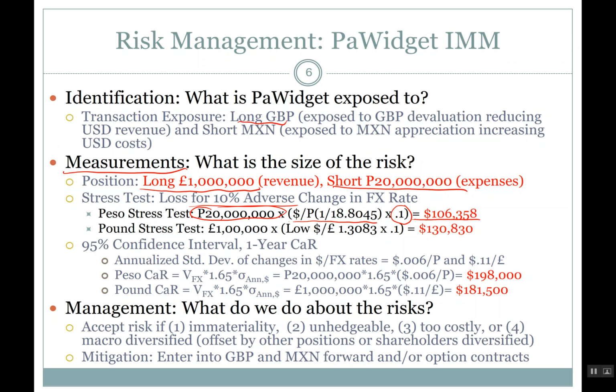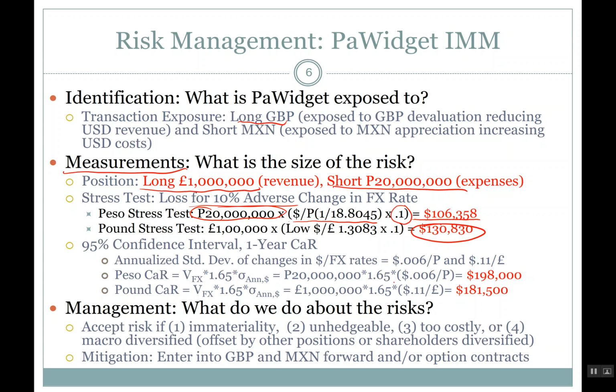This is actually an easier way to do it than the last slide. Just take the dollar value times 10%. And they're plus or minus $130,000 if the pound appreciates or depreciates by 10%. So that's a simple measure of how much they can win or lose.